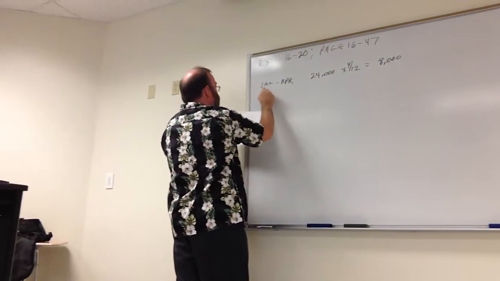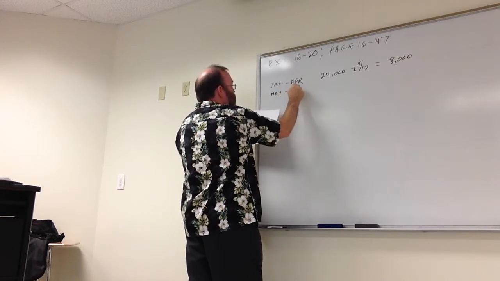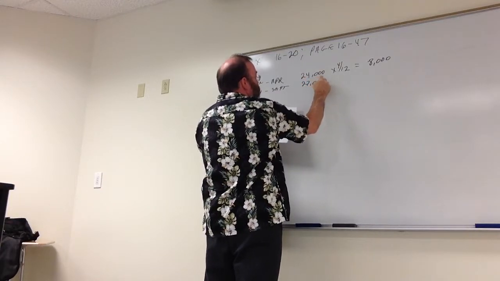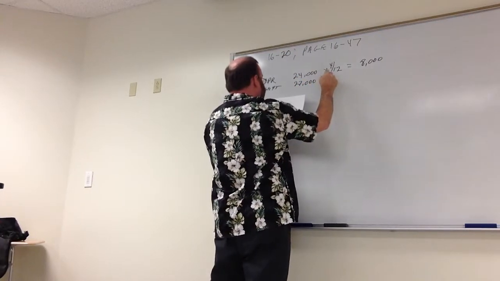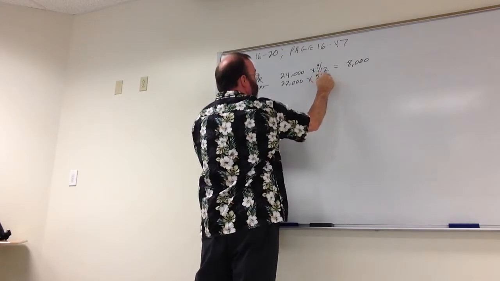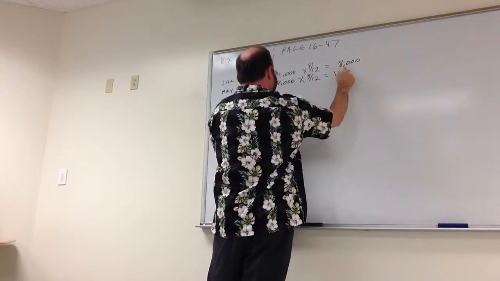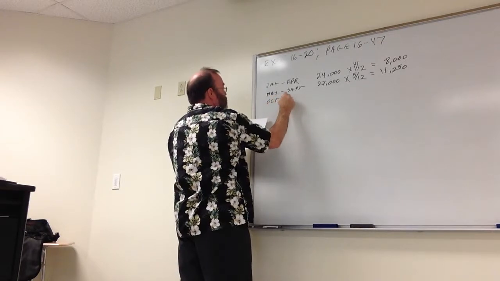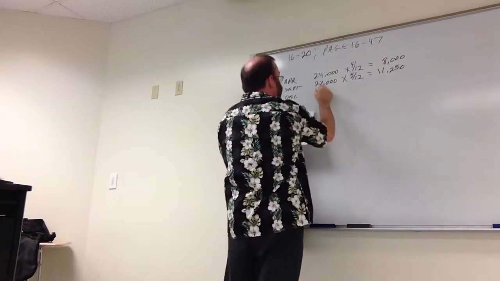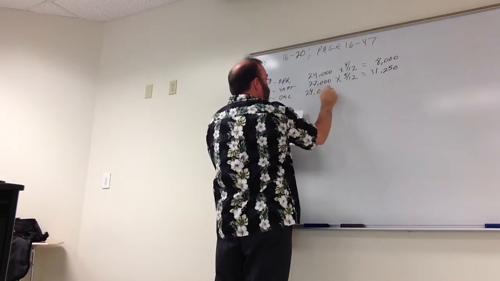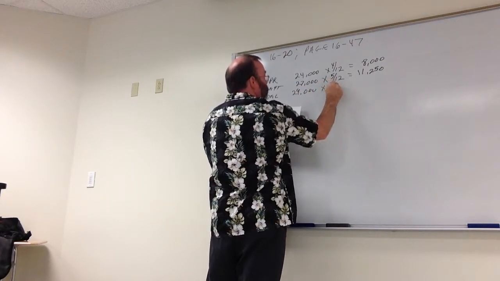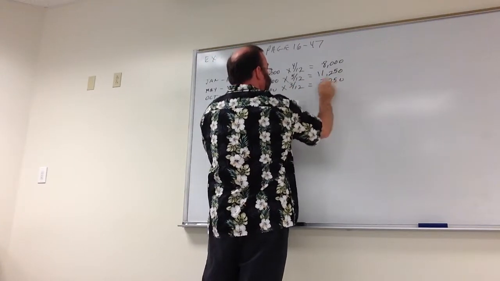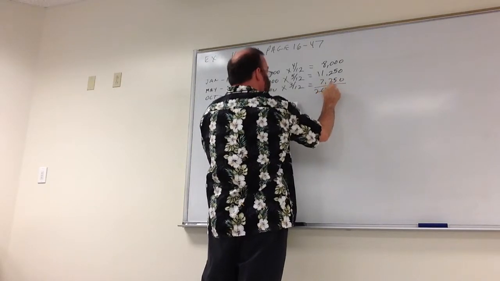And then in May to September, we have 27,000 shares outstanding for 5/12, or 11,250. And then October through December, we end the year with 29,000 for the last quarter. That's 7,250. A total of 26,500.